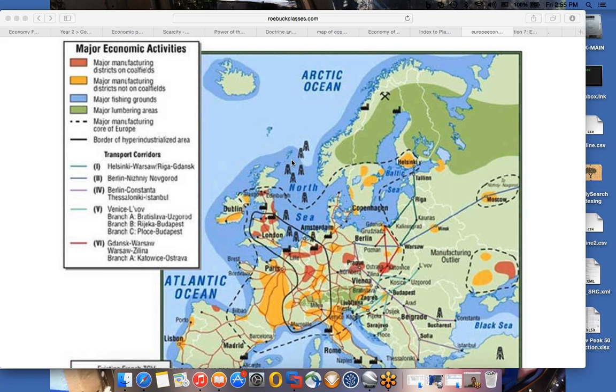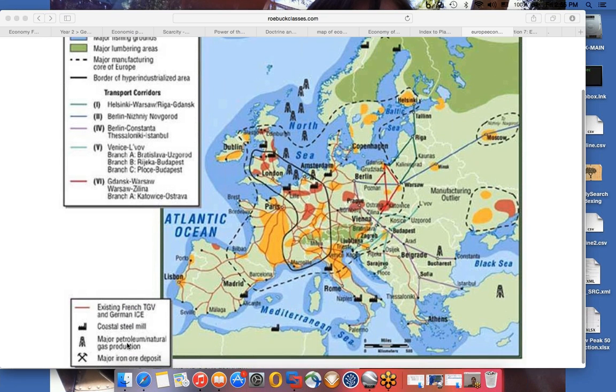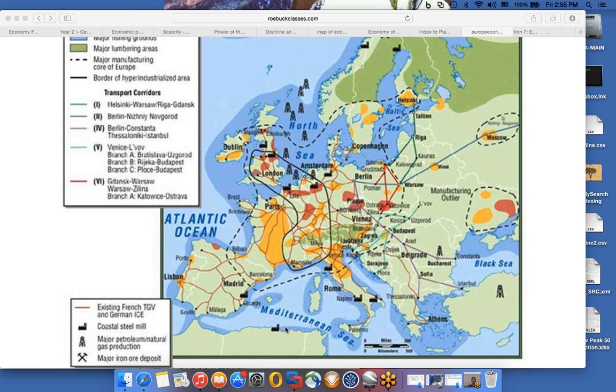Then you have the different icons showing, for example, oil fields in the North Sea, coastal steel mills, so areas where steel is produced in Europe, and major iron ore deposits, so areas where mining is big.